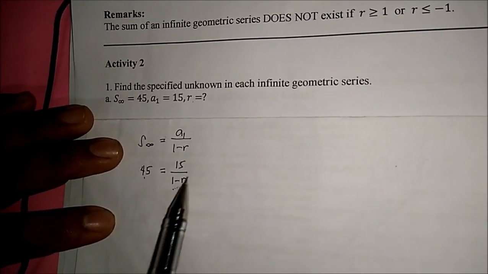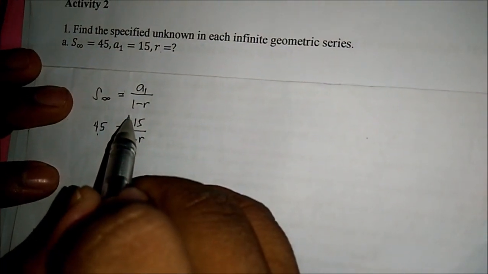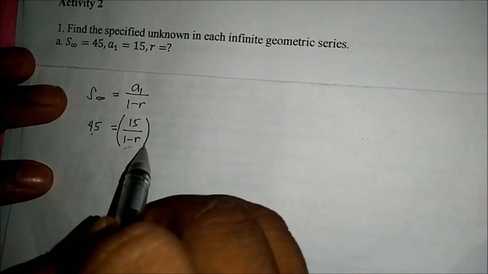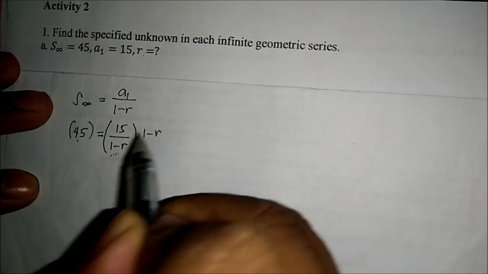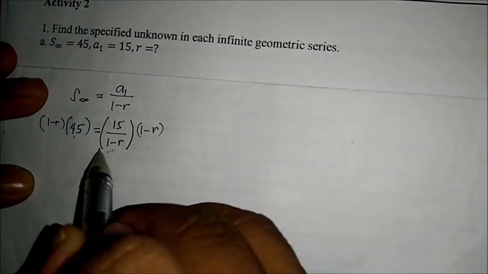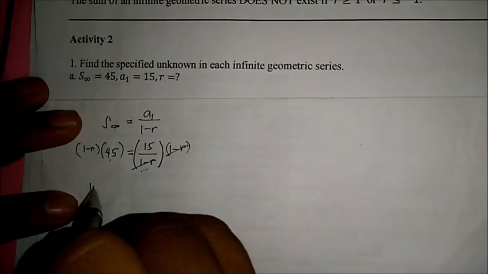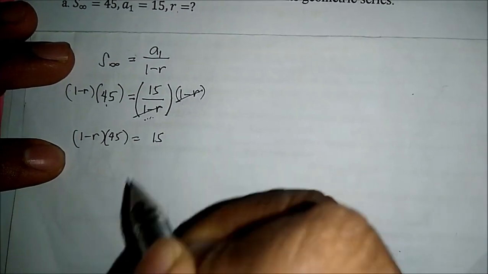We need to get rid of the denominator. So we multiply both sides of the equation by the denominator 1 minus r, para ito ay makancel. So we have now 1 minus r times 45 equals 15.